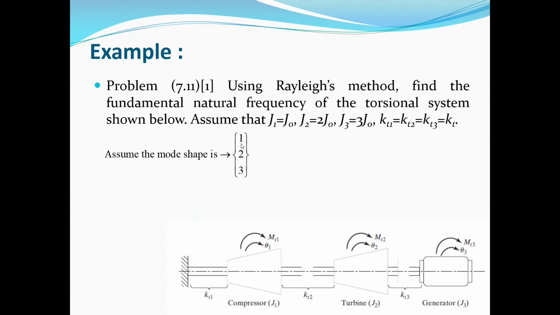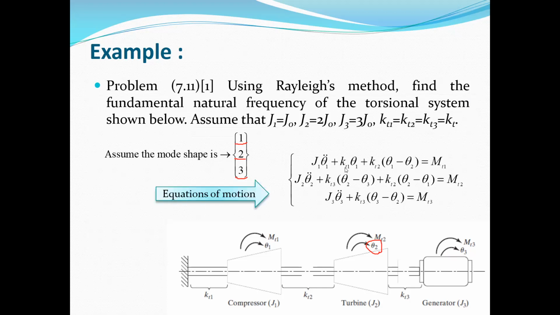So here we assume 1, 2, and 3, which means the relation between the amplitudes of the response: if we assume theta 1 is equal to 1, the amplitude of the response theta 2 is 2 times that, and for the last one, theta 3 is equal to 3 when we assume that theta 1 is equal to 1. So this is the assumption for the mode shape.